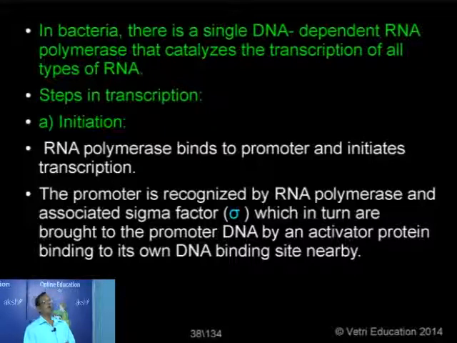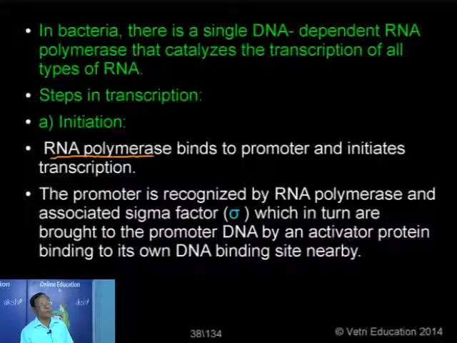Now, we have the enzyme. I mentioned in the case of bacteria, there is only one polymerase enzyme, namely the RNA polymerase. The first event for initiation, it has to bind with the promoter region. I mentioned already why it is necessary. This RNA polymerase cannot recognize the transcription starting site.